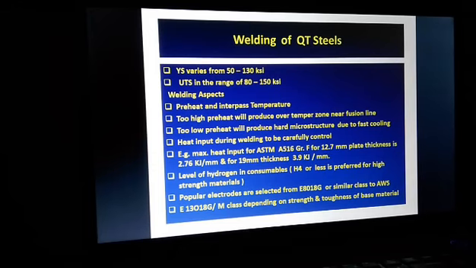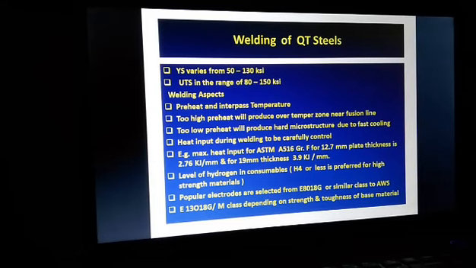Too low a preheat will produce a hard microstructure in the form of martensite due to fast cooling. Heat input during welding must be carefully controlled.